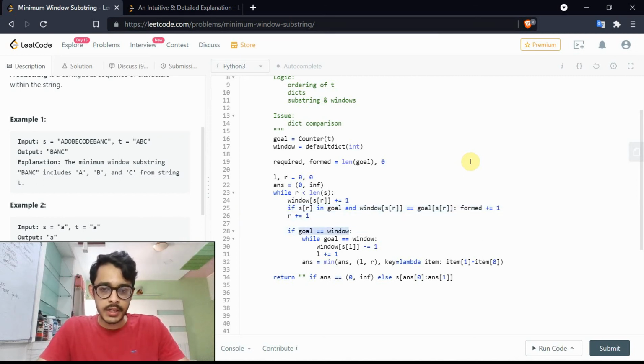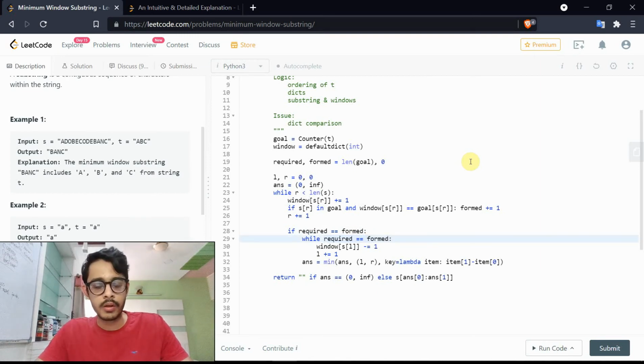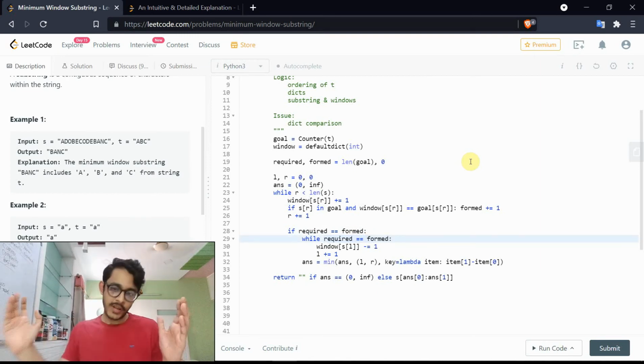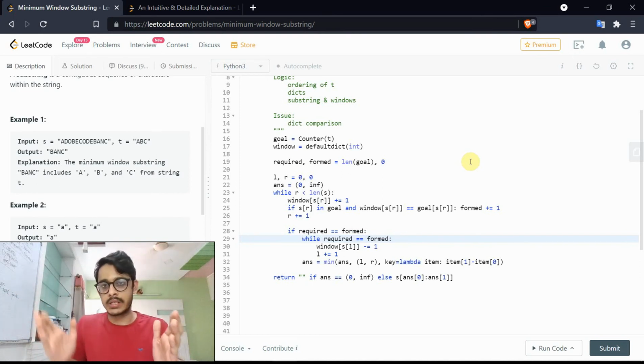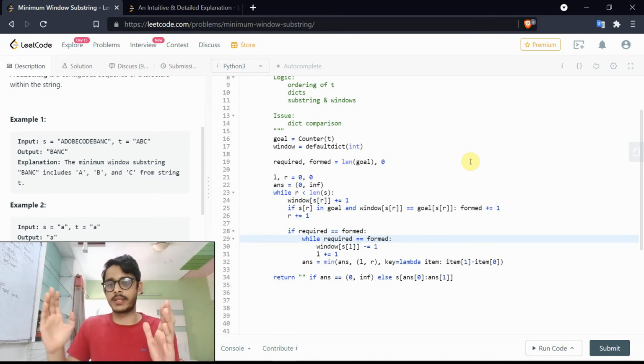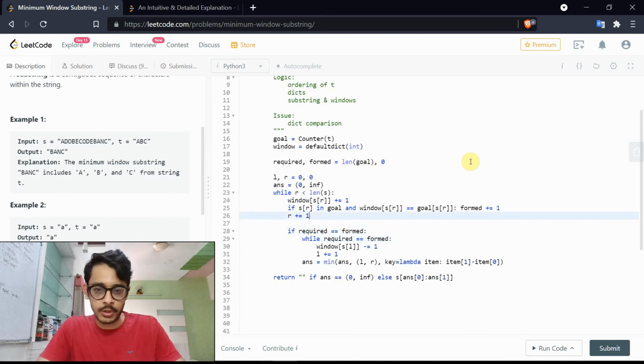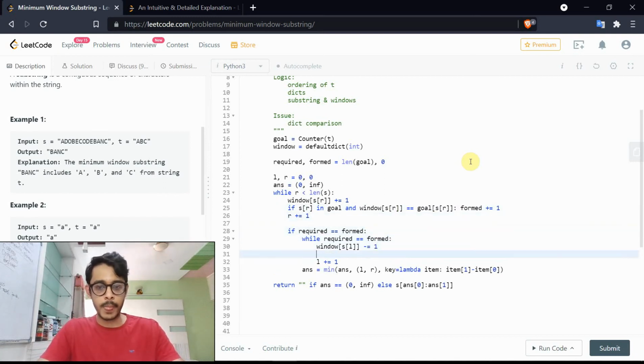Now the condition here is no longer goal equals window. We'll instead check required with formed. If required is the same as formed, which means that we have found a valid window, then while the valid window exists, keep on removing these values from the left-hand side. And we'll just do the opposite of what we saw here.